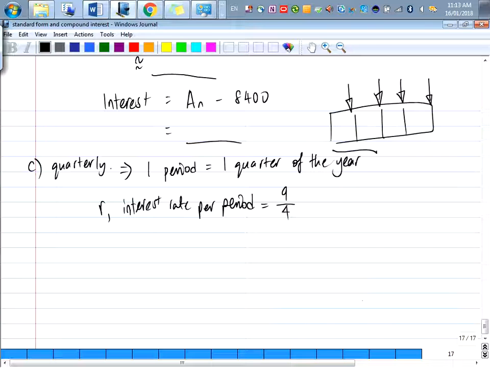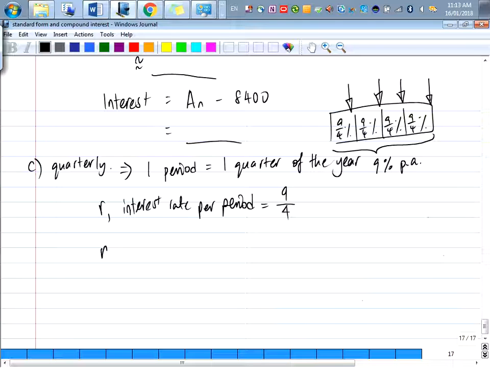Originally 9% per annum. Now I divide it into 4 equal parts. This will be 9 over 4%, for each of the 4 quarters. Get it? Okay, so this is my interest rate per period now.